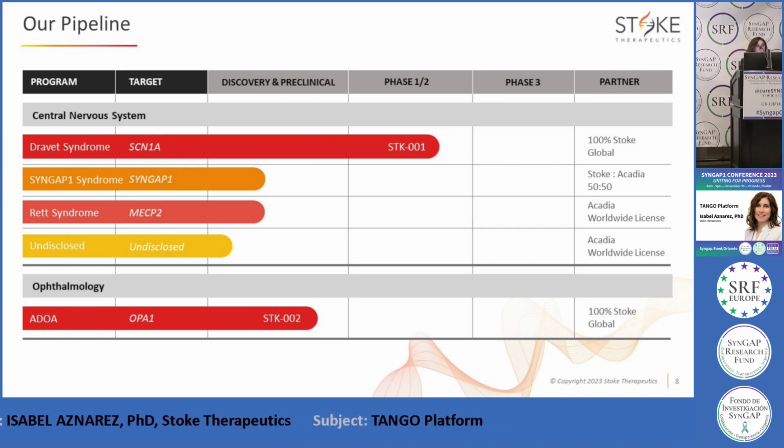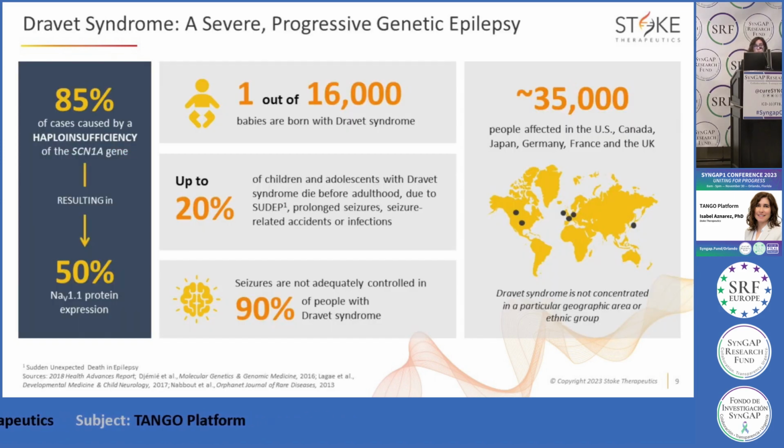So in the context of Dravet, as many of you are very aware, Dravet syndrome is a haploinsufficiency, and it affects 1 in about 16,000 babies. And we saw earlier today from Ingrid that there's a high incidence of SUDEP in patients with Dravet syndrome.